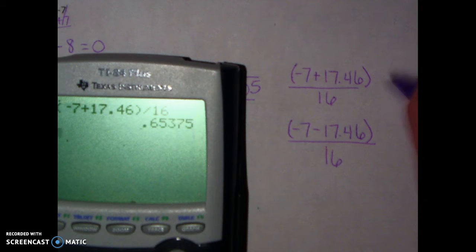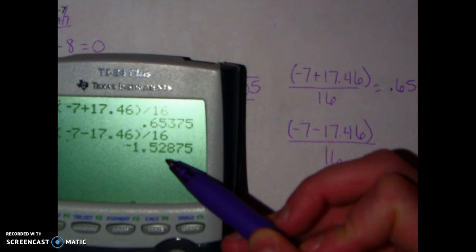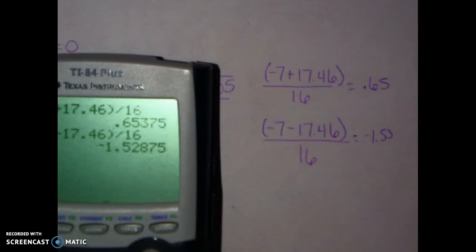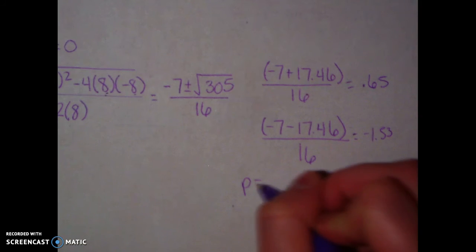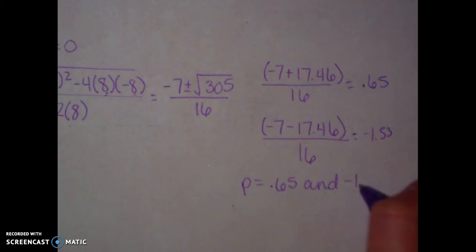This one is 0.65. And negative 7 minus 17.46 divided by 16 is negative 1.53. The 8 rounds the 2 up. So that's negative 1.53. So p equals 0.65 and negative 1.53.